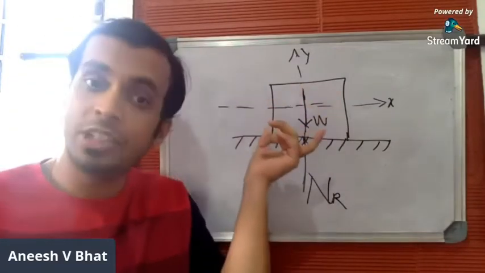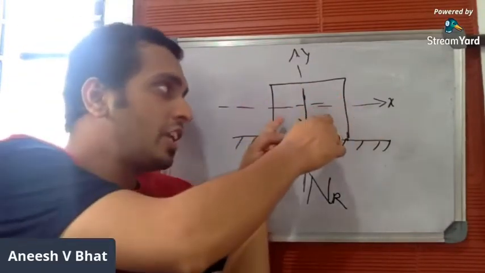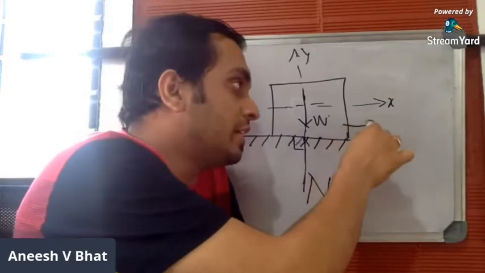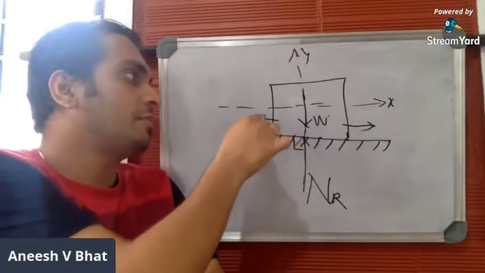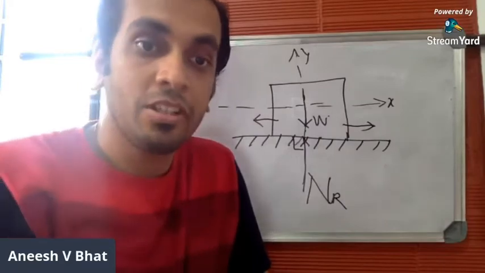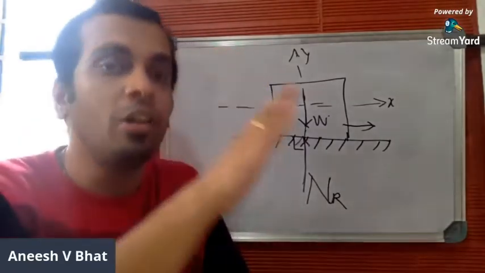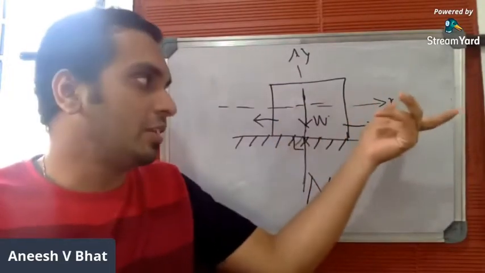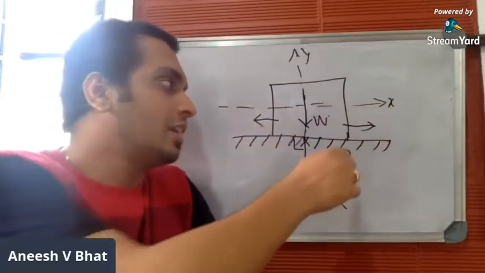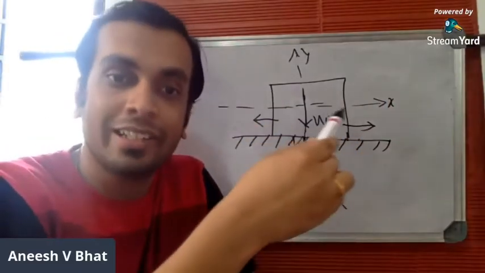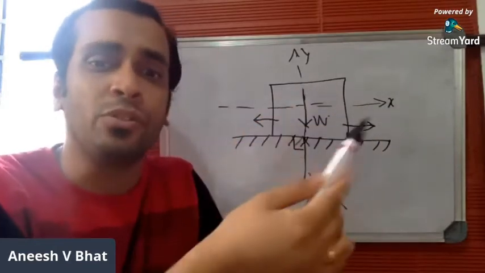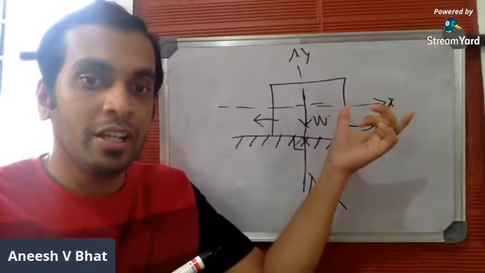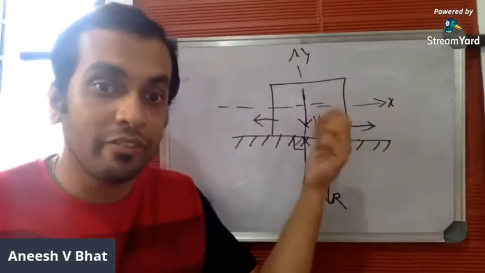If the same body tries to move either horizontally to the right or horizontally to the left, till now we were not considering the body under motion, the surface offers one more resistance, or one more force, which offers resistance to the motion. If it tries to move, you'll find one more hidden force offered by the surface itself.